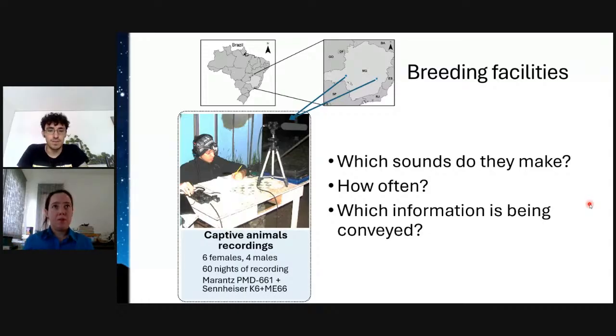But first, we needed some basic information. And what basic information is that? Which sounds do maned wolves make? How often? And what information is being conveyed?